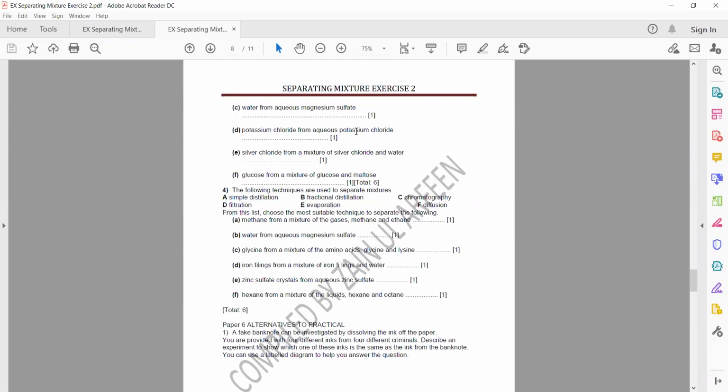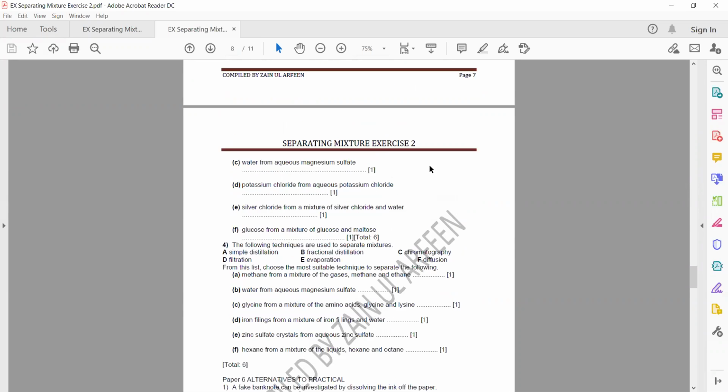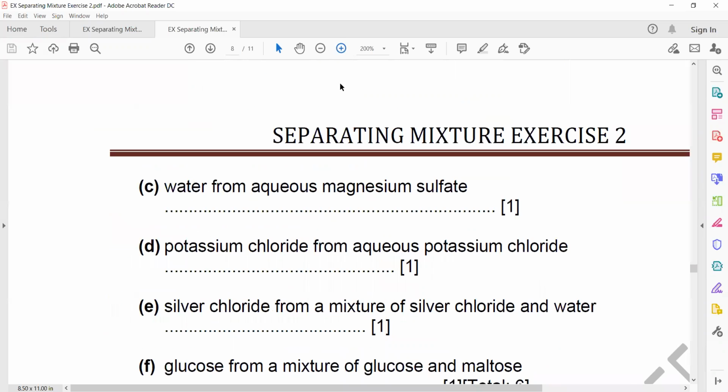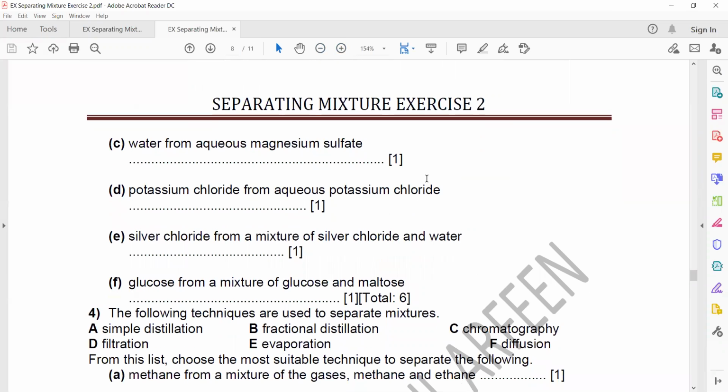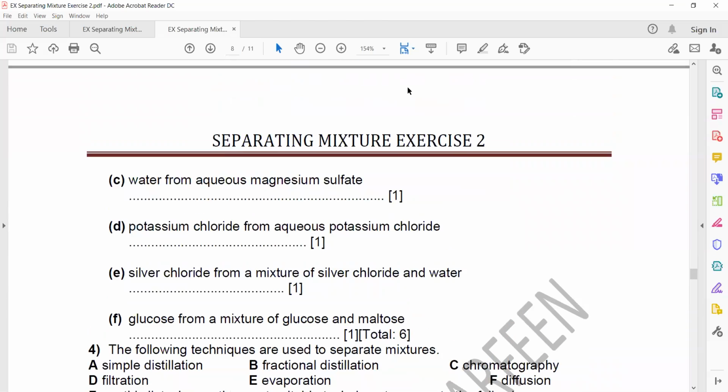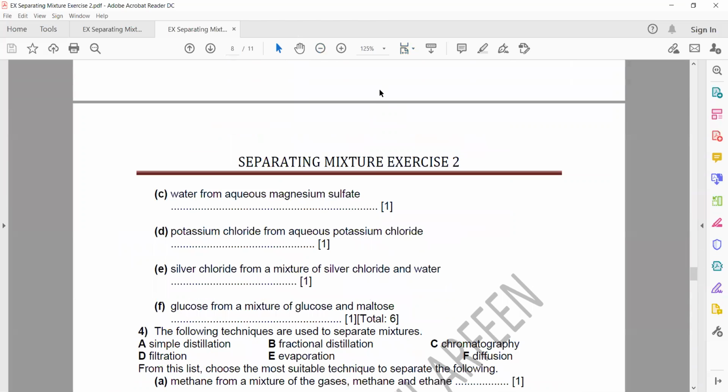Silver chloride from a mixture of silver chloride and water. Silver chloride is an insoluble salt. It does not dissolve, because I gave you a table. You have to learn: most chlorides are soluble except silver, mercury, and lead. So silver chloride is an insoluble salt.